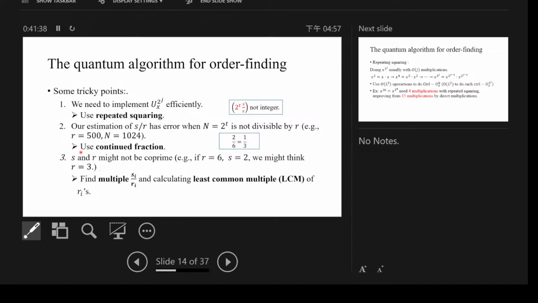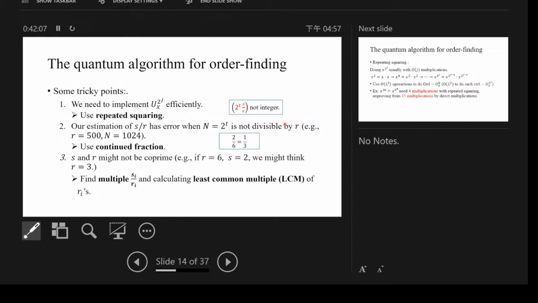And this happens when r is not divisible by n equal to 2 to the t. The other way is when n is not divisible by r.